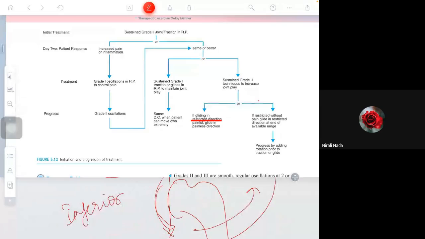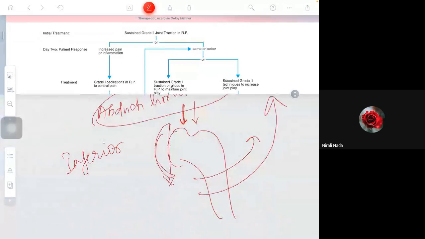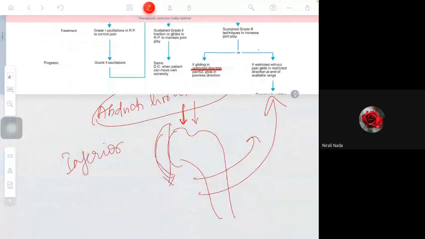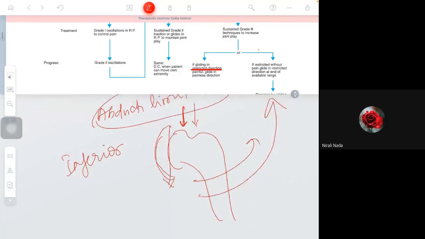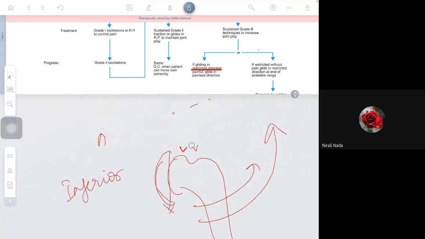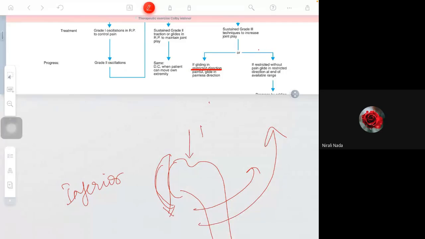Clear? If gliding in restricted direction is painful, that is, when you are giving inferior glide, if pain is present, that is the meaning of this sentence. If gliding in restricted direction is painful, then what will you do?